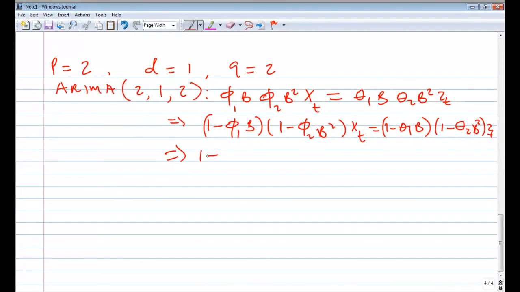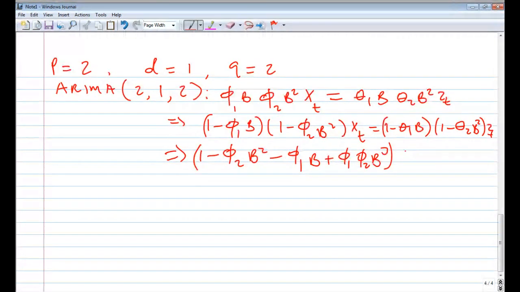It's going to be 1 minus phi 1 phi 2 B squared, isn't it? Then minus phi 1 B, then plus phi 1 phi 2 B to the power 3, isn't it?